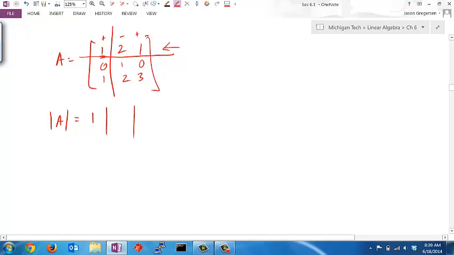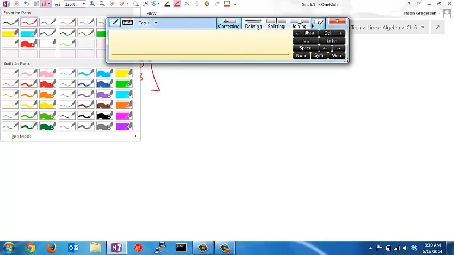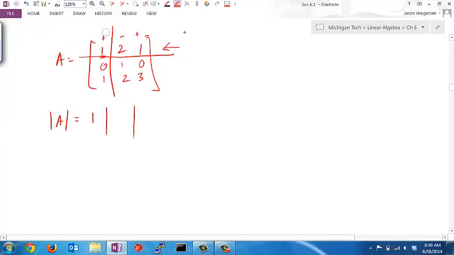If I imaginarily cross those out in my mind, give myself a big old highlighter, if I cross that out and I cross that out, I'm left with a little smaller matrix. My matrix is 1, 0, 2, 3. I'm going to find the determinant of that little matrix. Now I go to the next one. I have a minus sign, so that's -2 times another little sub-matrix.